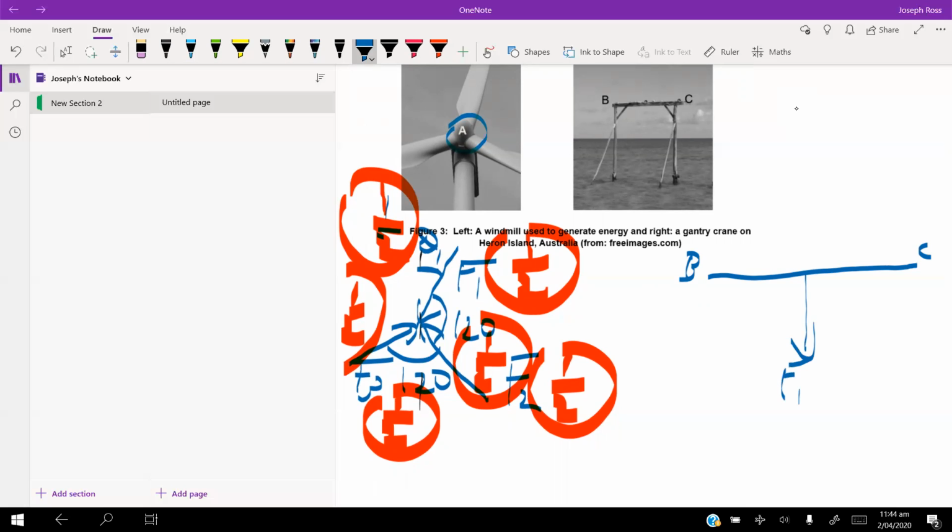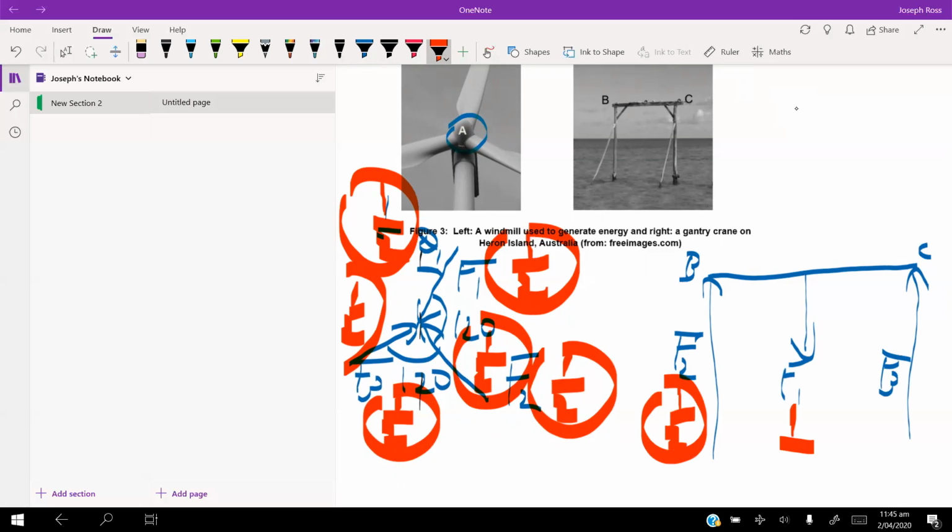That's the weight force, it's acting in the middle, and at B and C. So there's a post at B which is supporting the weight, so it's holding up BC as well, so that's providing an upwards force which is F2, and same thing at C, there's a post providing an upwards force on BC, so that will be F3 there. So far that would be half a mark for each of those. So half a mark for F1, F2, and F3.